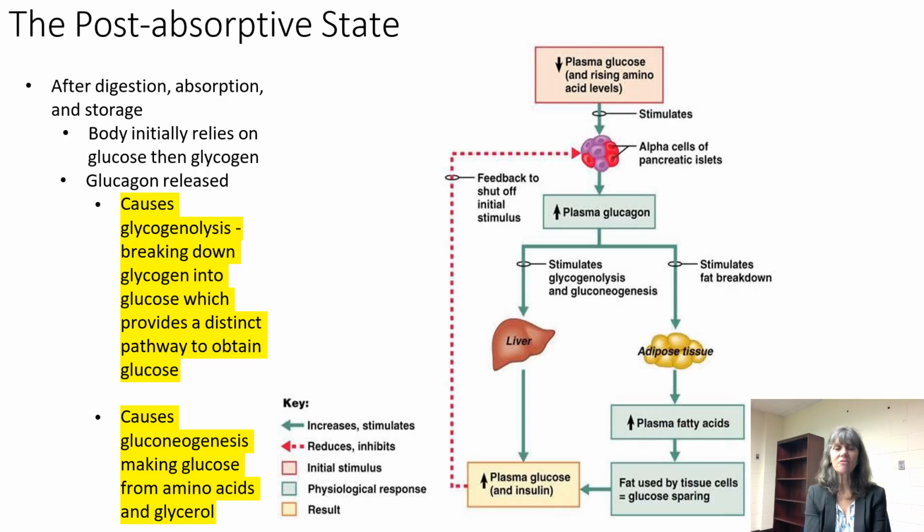It's the breakdown of glycogen into glucose, which then now we've got a very distinct pathway to get glucose. We just break down glycogen. Glycogen molecules are just chains of glucose molecules bound together. And glucagon also causes gluconeogenesis, which is making glucose from amino acids and glycerol.